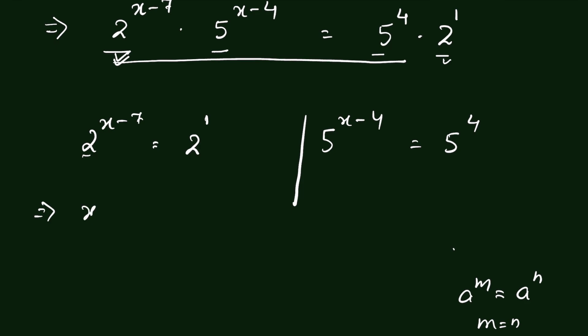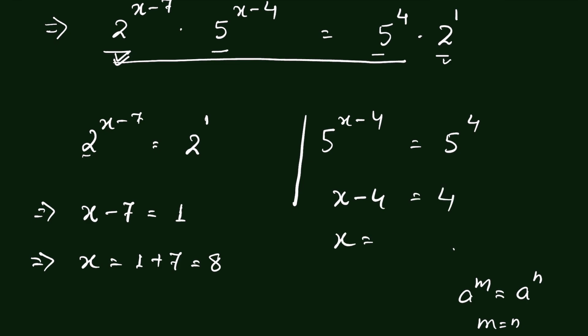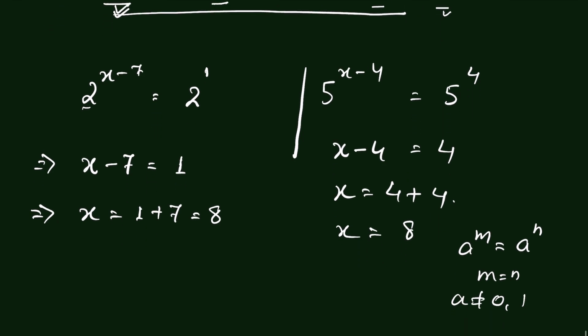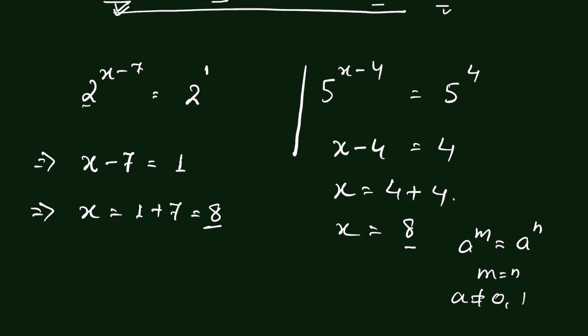So we can write x minus 7 is equal to 1, or x is equal to 1 plus 7, that is equal to 8. Again 5 to the power x minus 4 is equal to 4. That means x minus 4 is equal to 4, or x is equal to 4 plus 4. So x is equal to 8. So in both cases we are getting x is equal to 8.